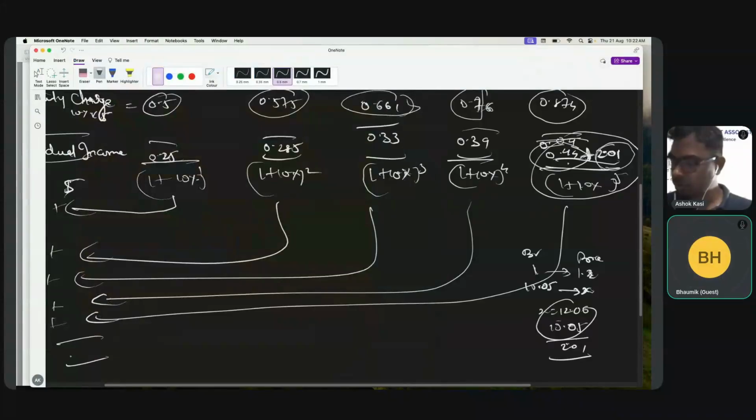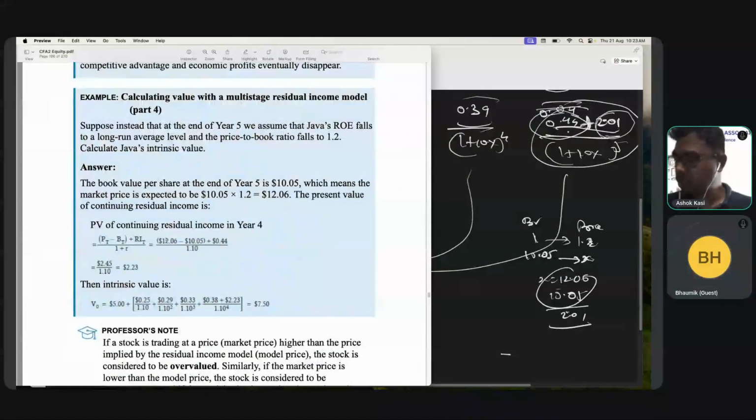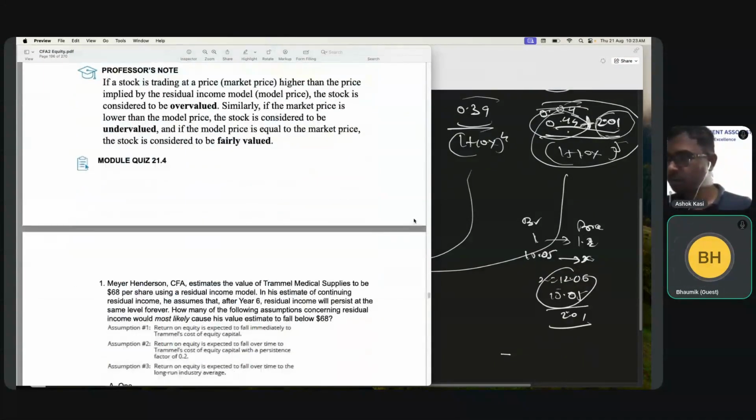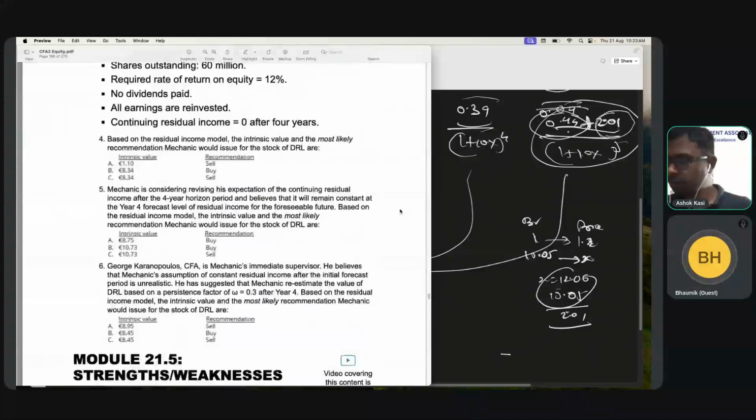That's it. Is it okay? This one only they have complicated unnecessarily, made it like two steps. And the rest, these all are easy only.